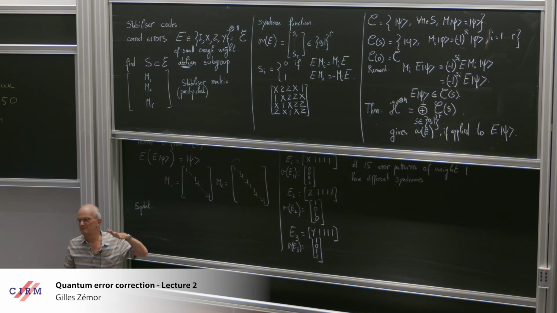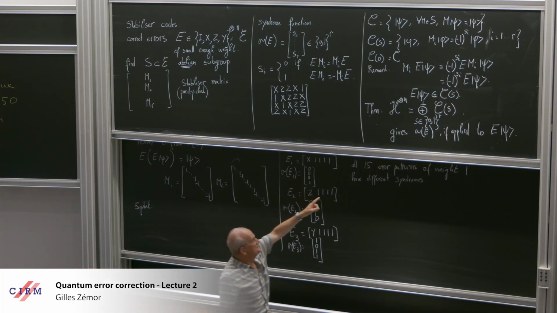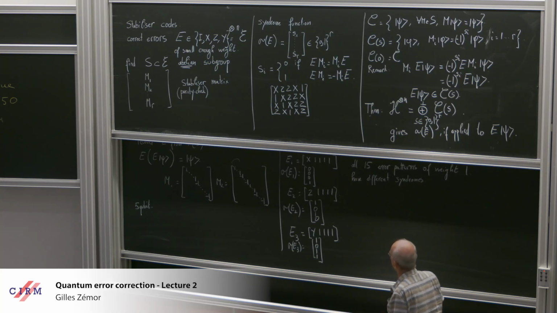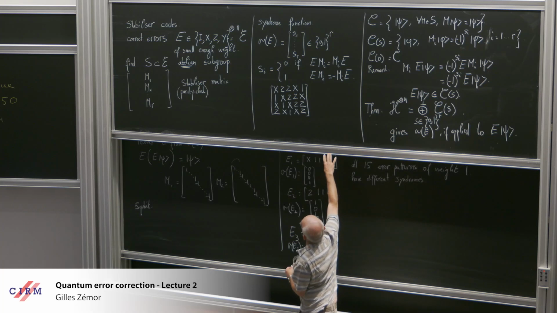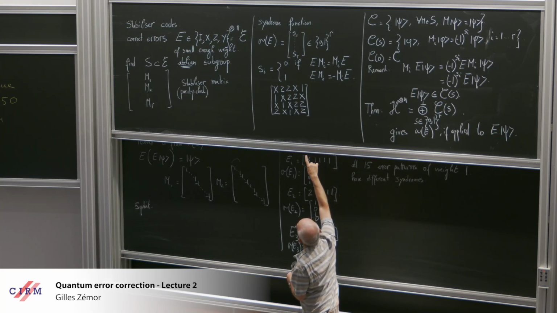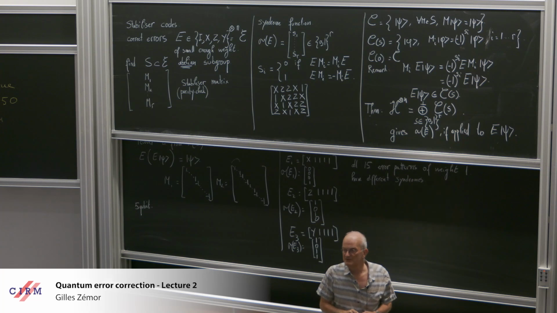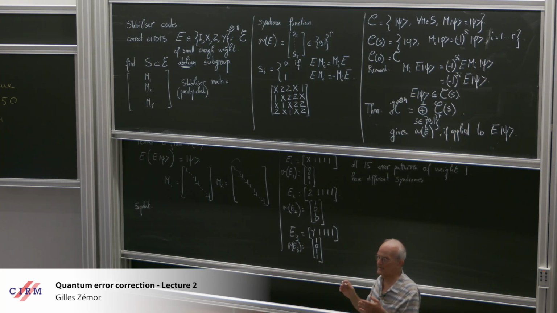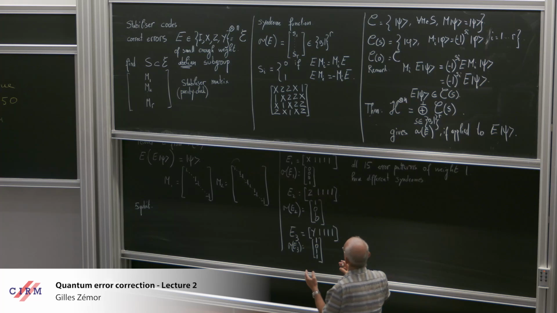So that requires a slightly tedious linear algebra, symplectic algebra proof, which is not especially difficult, but it's true. All the spaces C_S have the same dimension. In particular, for the code, what happens if you take the one eigenspace of the first generator, it will have dimension n over 2.